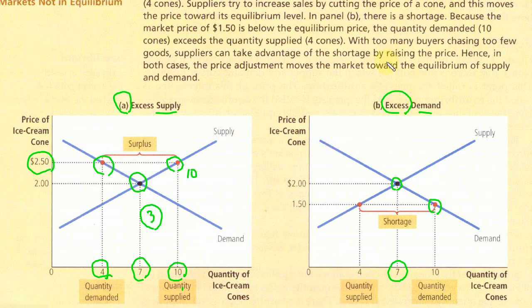Contrary here, in this case, the appropriate quantity in the market is 7.